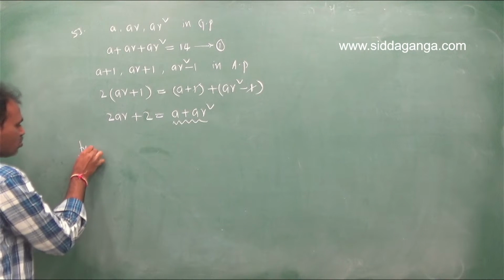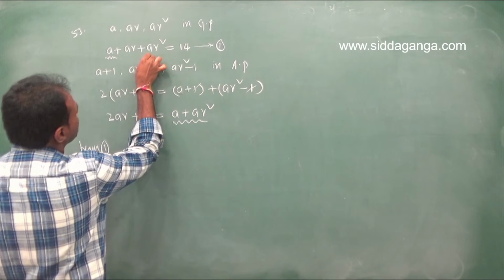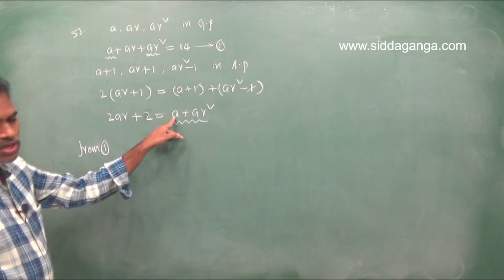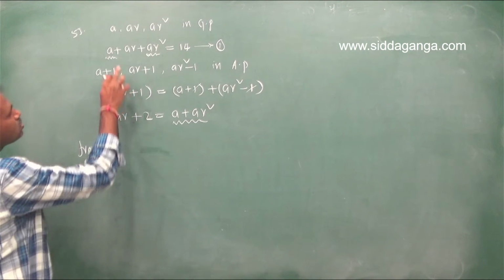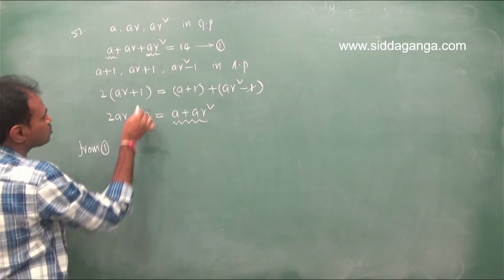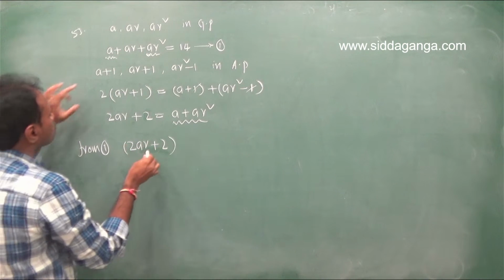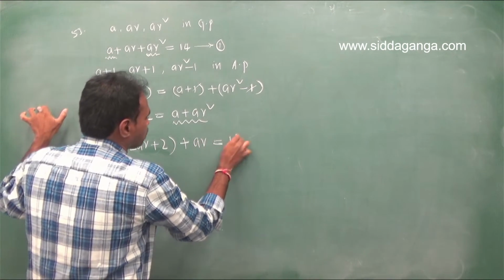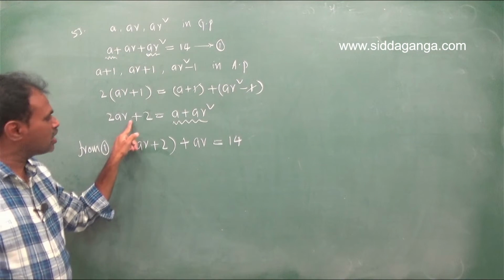From equation number 1, we already know A plus AR square has the value 2AR plus 2. Therefore substitute this value here: instead of A plus AR square, I am writing 2AR plus 2, then AR remains, equal to 14.